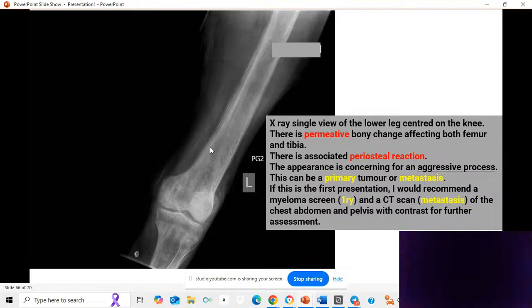So the differential diagnosis here is a primary tumor, multiple myeloma, or metastasis. If this is the first presentation, I would recommend a myeloma screen and a CT scan of the chest, abdomen, and pelvis with contrast for further assessment, as metastatic deposits are suspected.